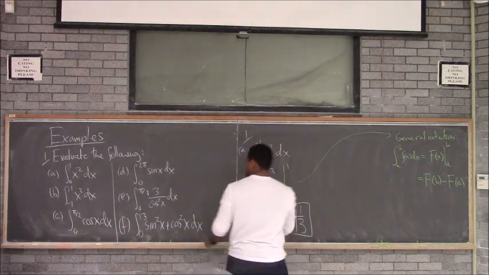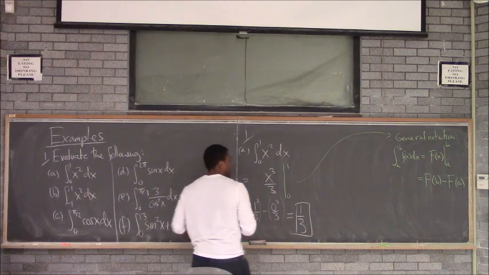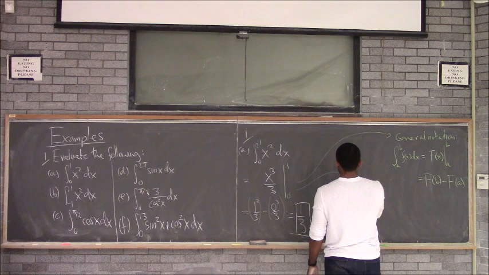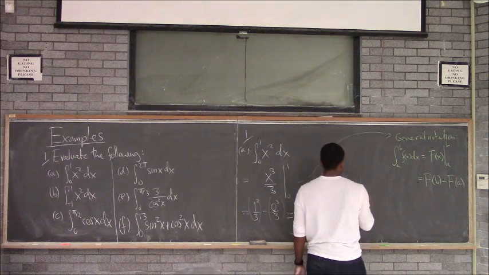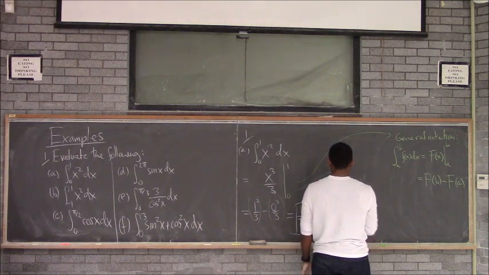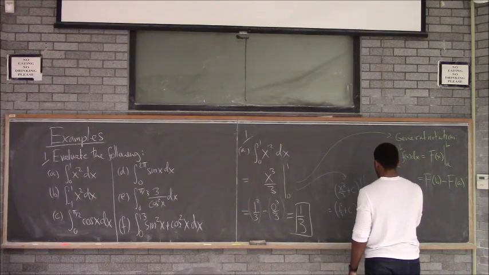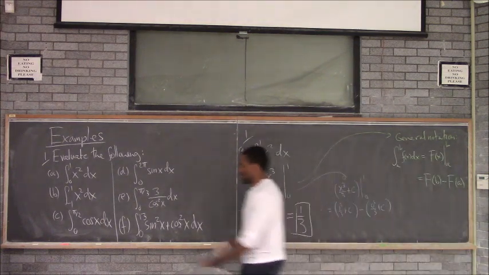And the reason why you don't need it is because, just explain that here. Even if you took x cubed over 3 plus c and you left that as the answer, what's going to happen is you have 1 cubed over 3 plus c minus 0 cubed over 3 plus c, and the c's would end up canceling anyway.